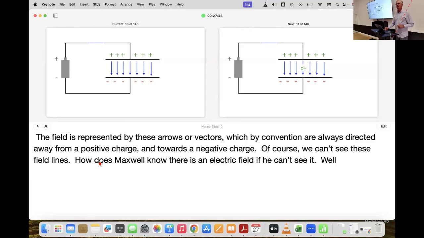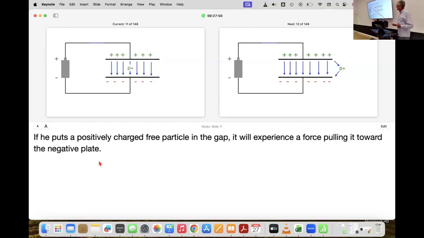Now, can you see an electric field? No, of course not. How do you know it's there? Well, Maxwell would say, what you do is you put a positive charge, a little particle here with a positive charge, and of course it's going to feel a force, and it's going to be accelerated towards the negative plate.